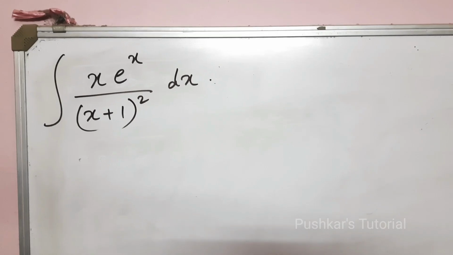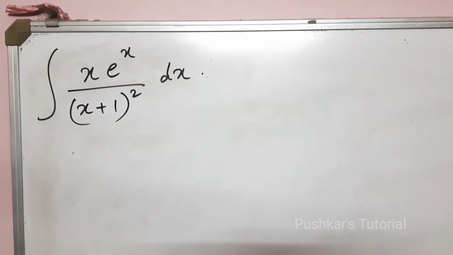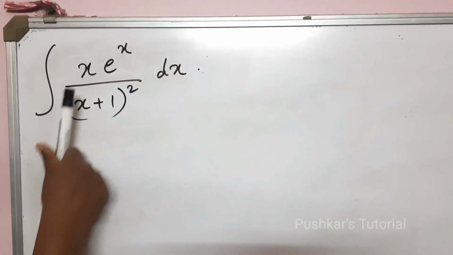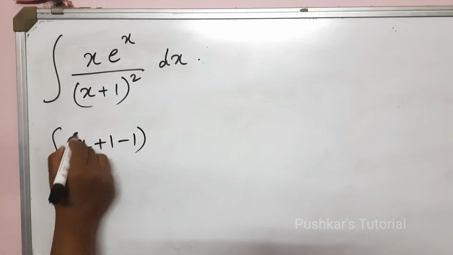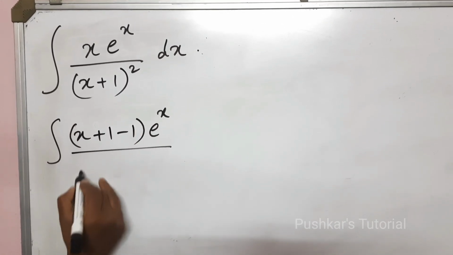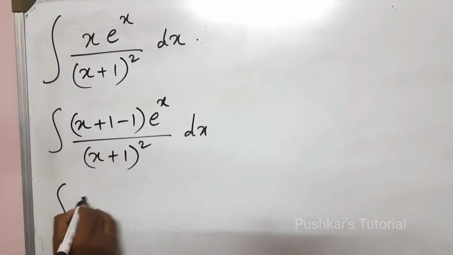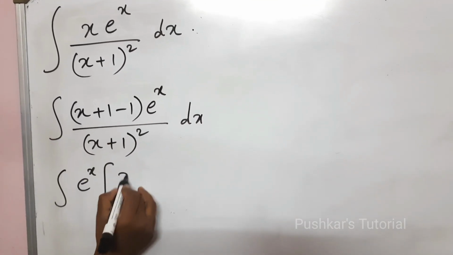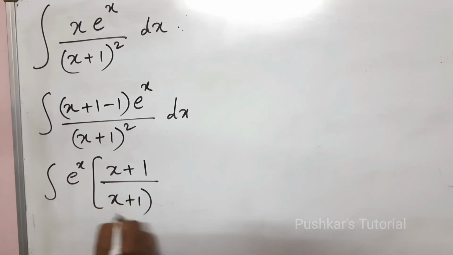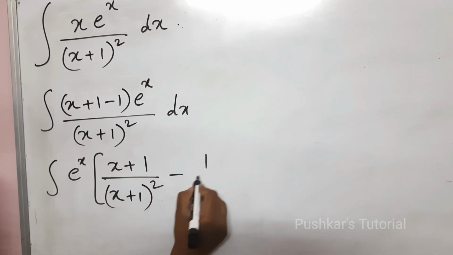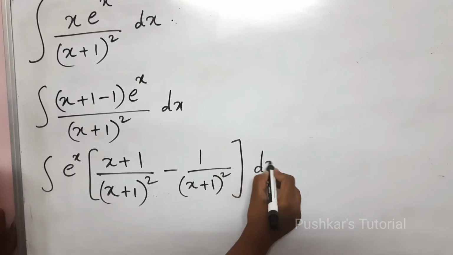Integration of x e power x by x plus 1 whole square. So to get the formula here, the numerator and denominator should be the same. So for x, 1 is missing now. So we have to add and subtract 1 with x. So e power x by x plus 1 whole square into dx. I am writing e power x in front, and next I am writing a separate division: x plus 1 over the denominator, and minus 1 separately, into dx as it is.